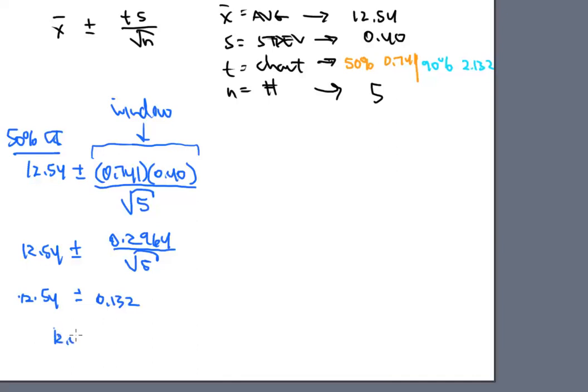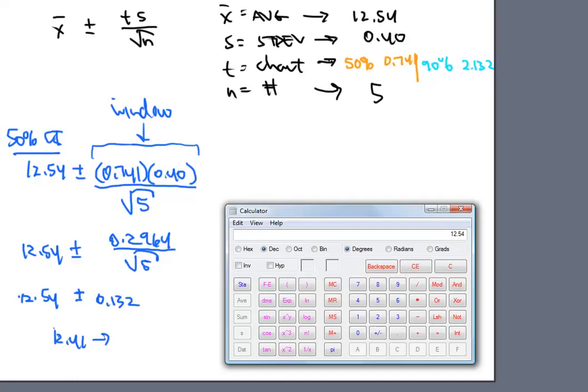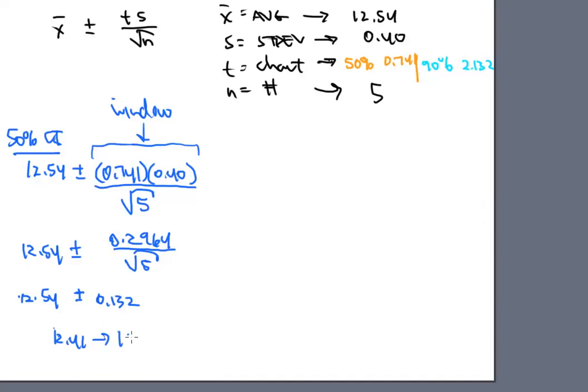Right? This is plus or minus. All right? If I take 12.54 and I add 0.13 to it, I get 12.67. That gives me my minimum and my maximum.